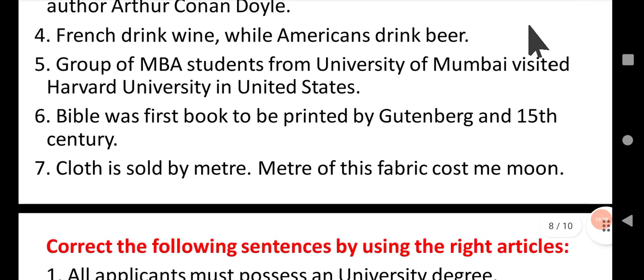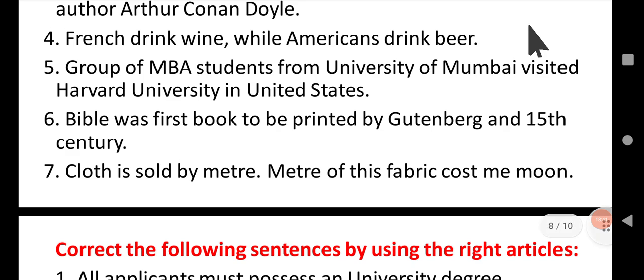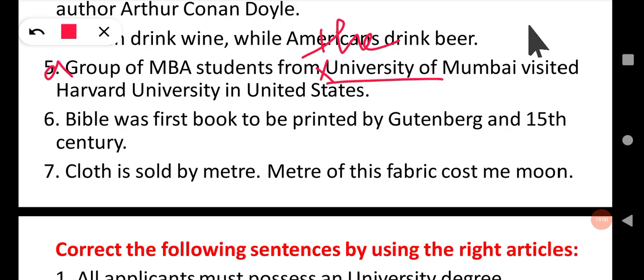Next one. A group of MBA students from the University of Mumbai visited Harvard University in the United States. First case, it must be used with a group of students from the University of Mumbai. Then, visited Harvard University in the United States.